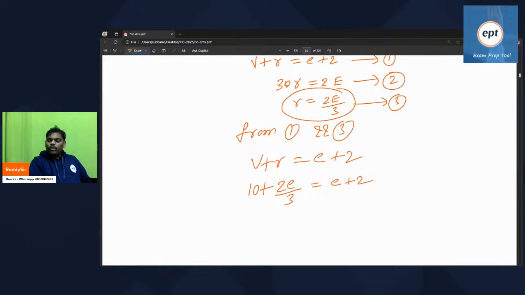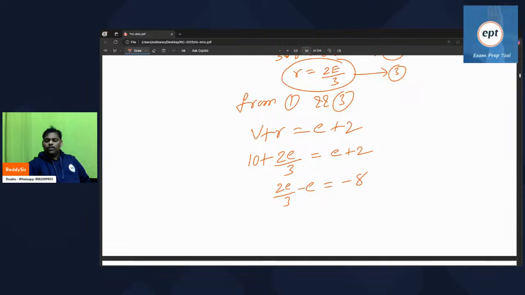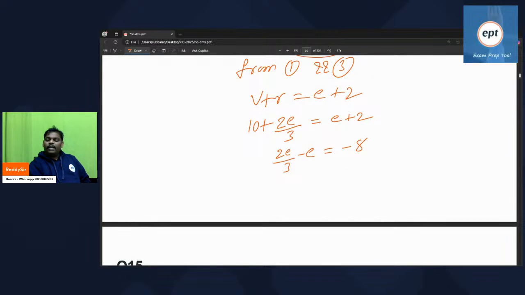I want E only, so let's bring all the E to one side. 10 will go to the other side, E will come to this side. 2E by 3 minus E, which is minus E by 3, is equal to minus 8. So minus E is equal to minus 24. E is equal to 24.